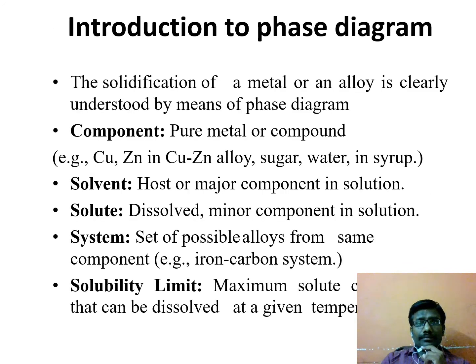So next is the phase diagram. Phase diagrams are very important. After forming the solid solution or alloys, we have to know at what temperature the phases change from liquid to solid, and what the microstructure of a particular alloy is at the respective temperature.